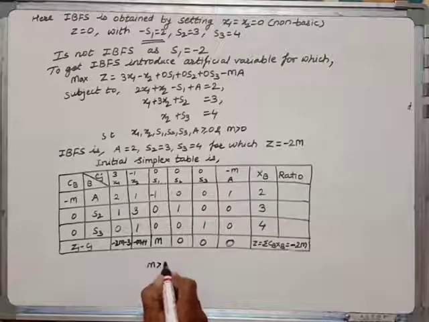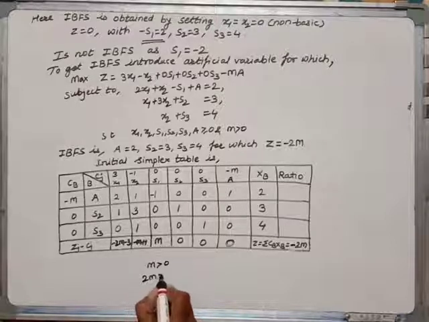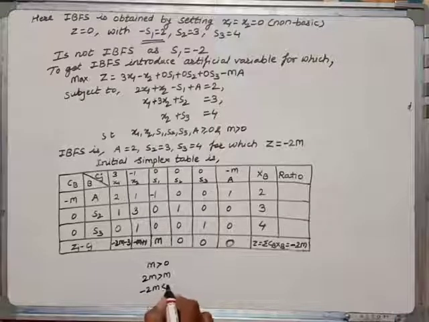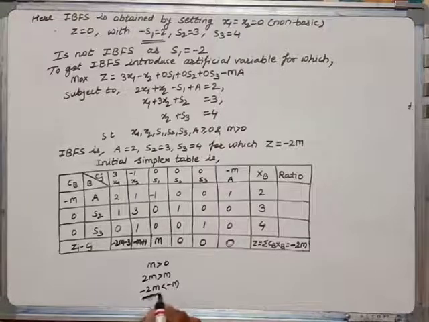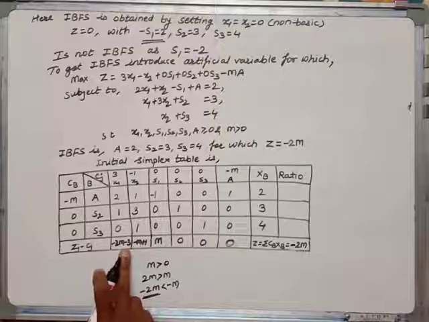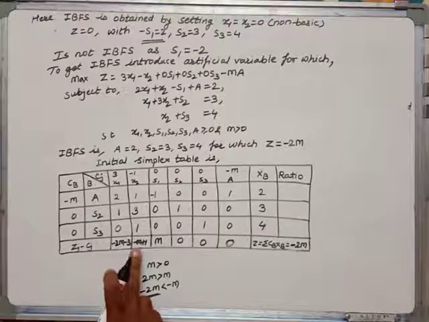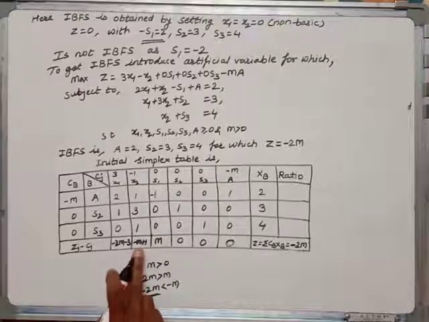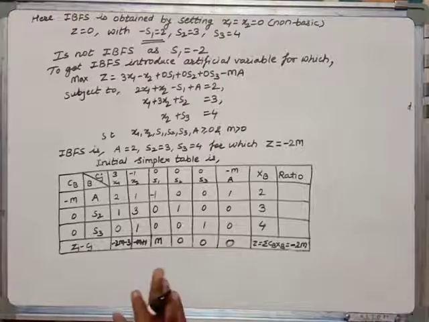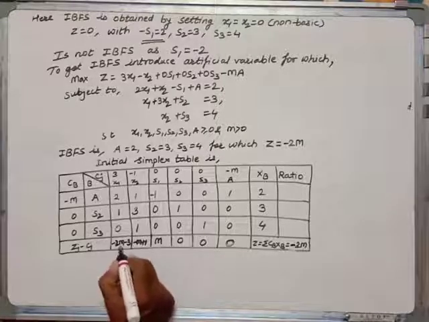So 2m is greater than m. So minus 2m is less than minus m, means this minus 2m is most negative. Now as m is greater than 0, this minus 2m is negative, minus 3, so this is negative. And m is sufficiently large, so minus m plus 1 is also negative. So not all Zj minus Cj are positive, means this is not an optimal solution.